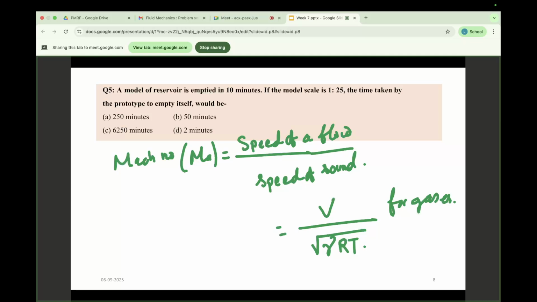So a noise is generated, that is the concept here. So if in some cases you find this Mach number value is greater than a threshold, that means compressibility begins to matter, air is getting compressed. Okay, that is the concept.